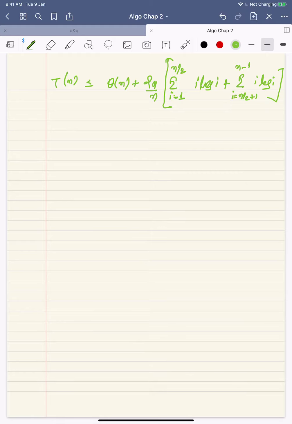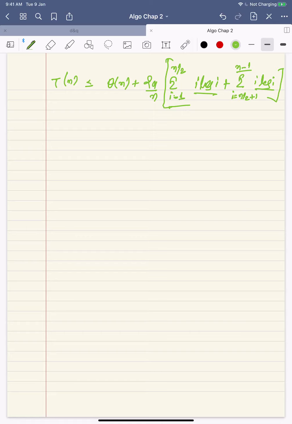I have just divided i equal to 1 to n minus 1 into 2 sequences. But now I will put the less than or equal to condition differently on both. Can you think of what this whole sequence will be less than or equal to, and similarly what that whole sequence will be less than or equal to? I will try to write something simple.